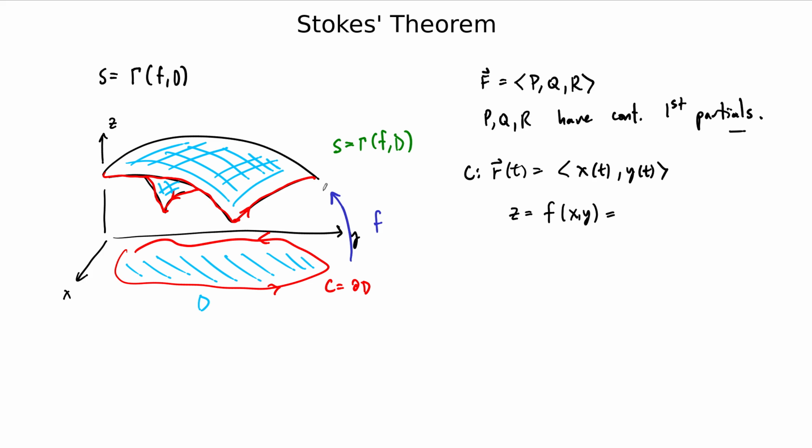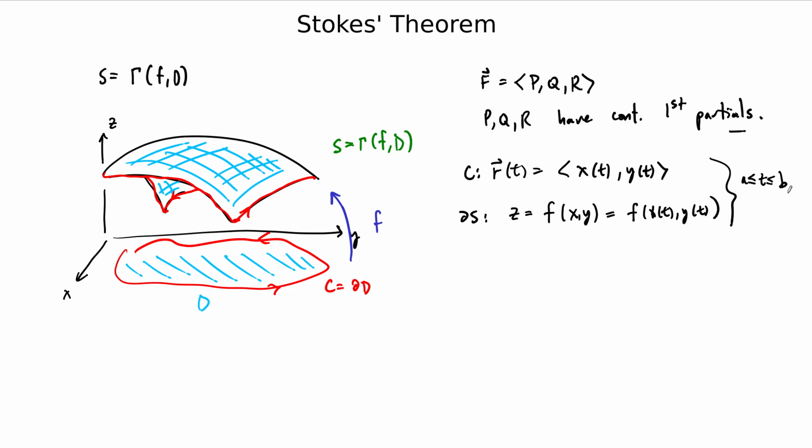But along the boundary upstairs, the boundary of S, the z coordinate is given by f of x of t, comma, y of t. So you just plug in the parameterization to get the z value. And let's just say, for the sake of argument, that the interval this is defined on is a finite interval from a to b. It should always be finite, but from a to b we'll say.